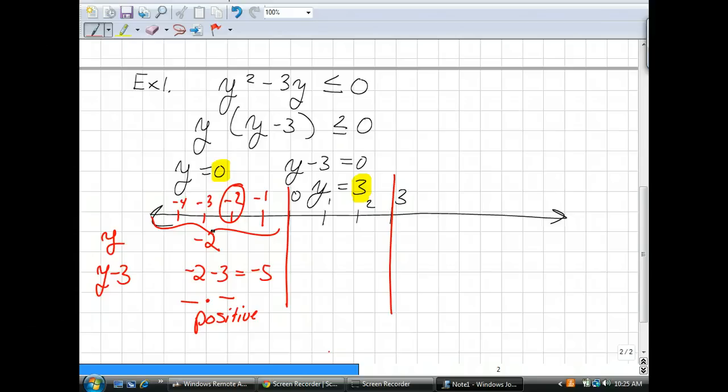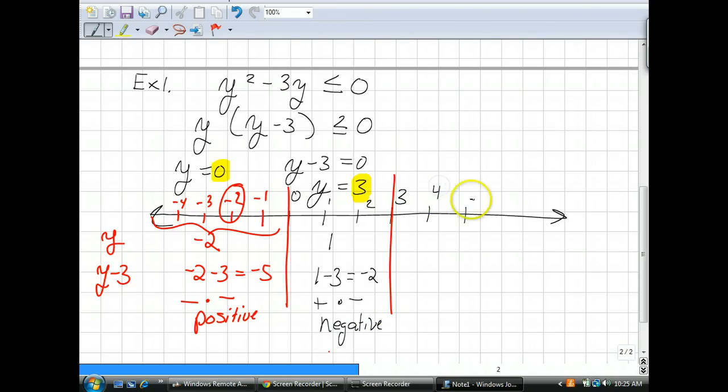Then I go to the next interval and I do the same thing. Just pick a number in that interval. So I'm going to pick 1. So I have 1 and I have 1 minus 3. And all I'm doing is replacing y with 1. So that gives me -2. So that gives me a positive times a negative, which gives me a negative value, or a negative product.